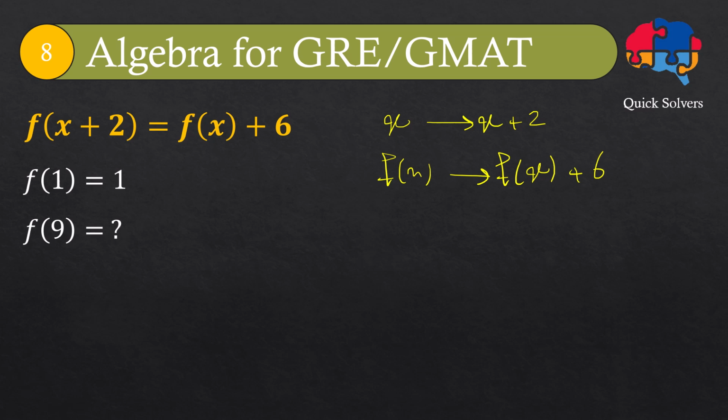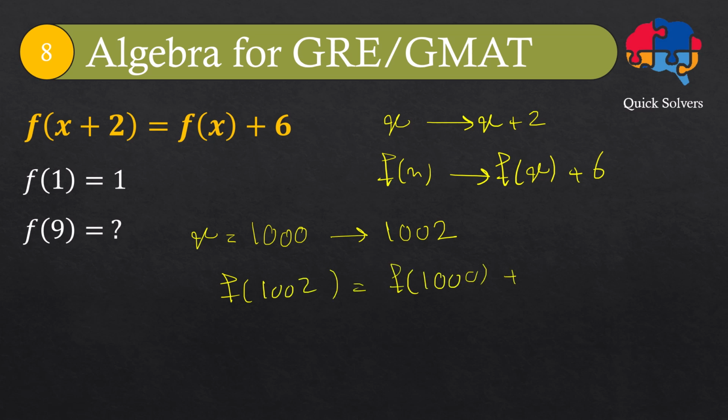For example, if I increase x from, I don't know, 1000 to 1002, then f of 1002 is f of 1000 plus 6. So increasing x by 2 means increasing the output of the function by 6.